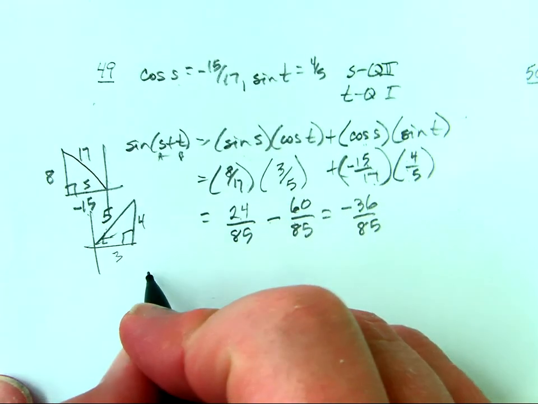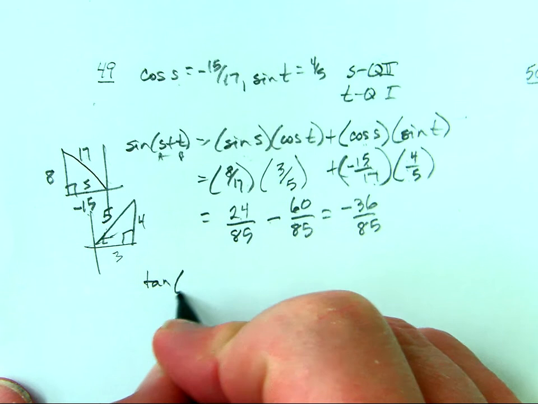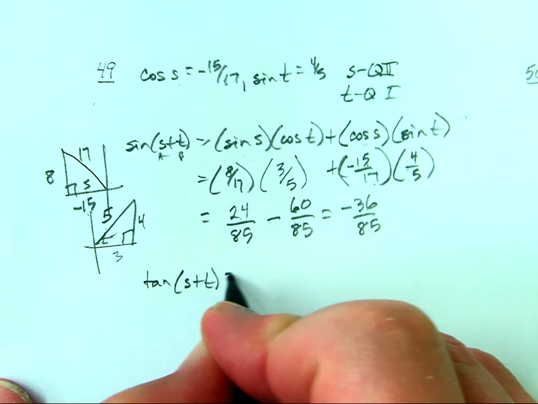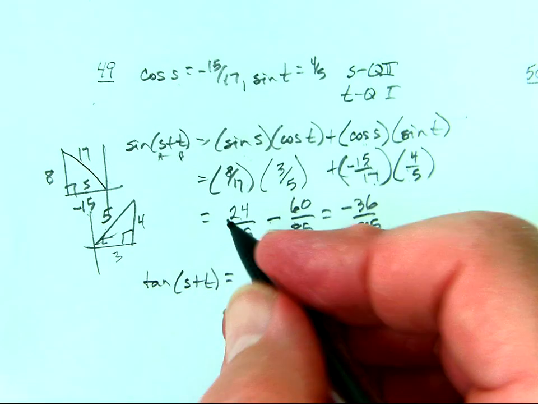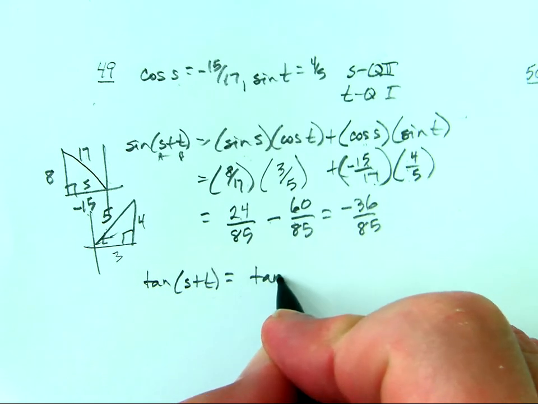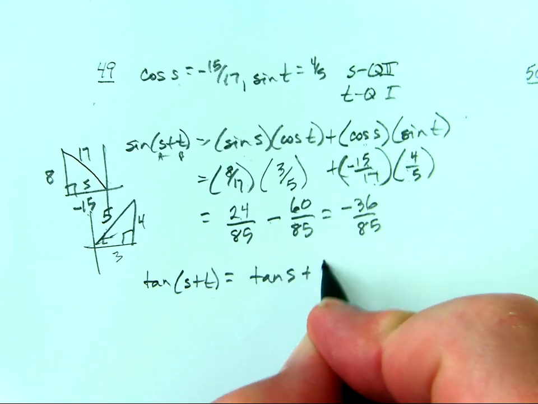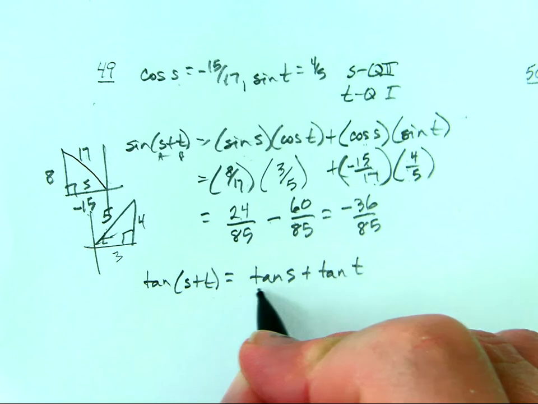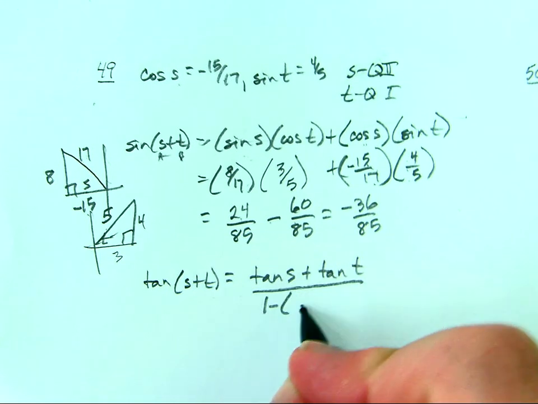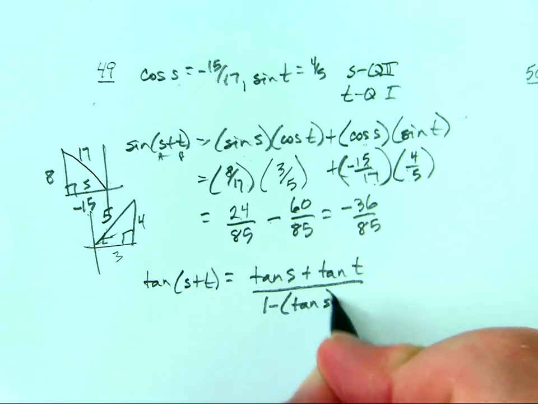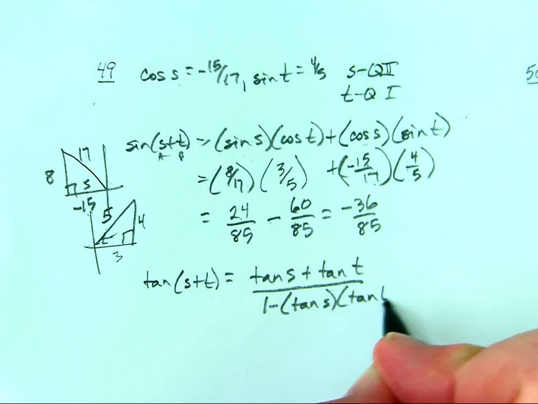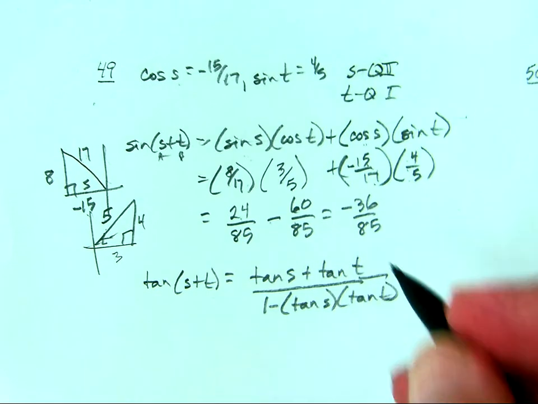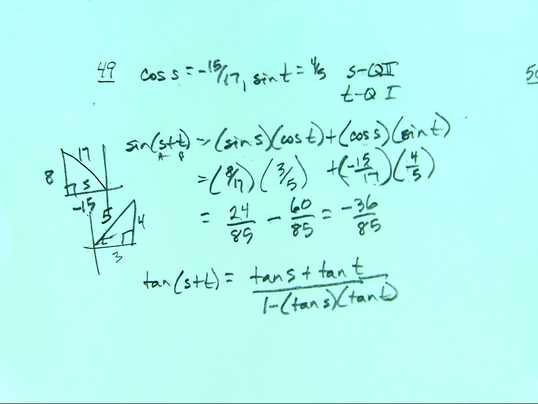Well, now they also ask us to find the tangent of s plus t. So again, write out the identity. That's the tangent of a, which is s, plus the tangent of b, which is t. On the bottom, you have 1 minus the tangent of the first times the tangent of the second. So that's our identity. Now we substitute in.